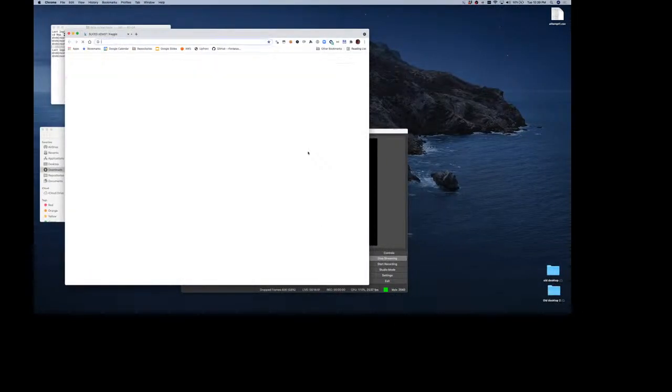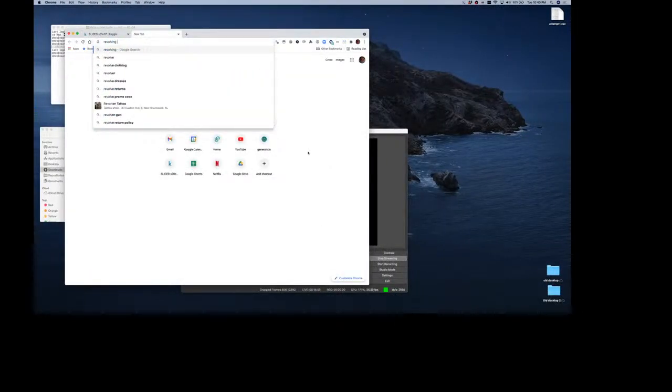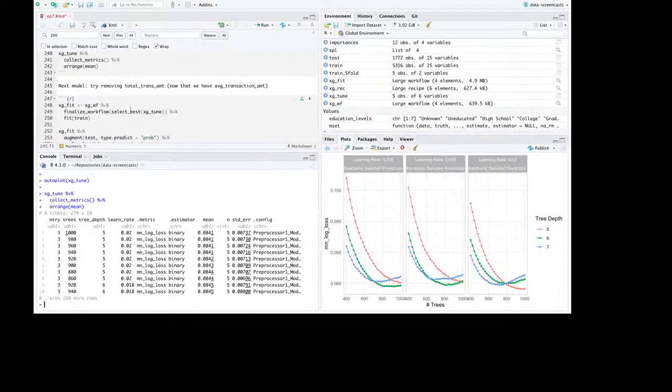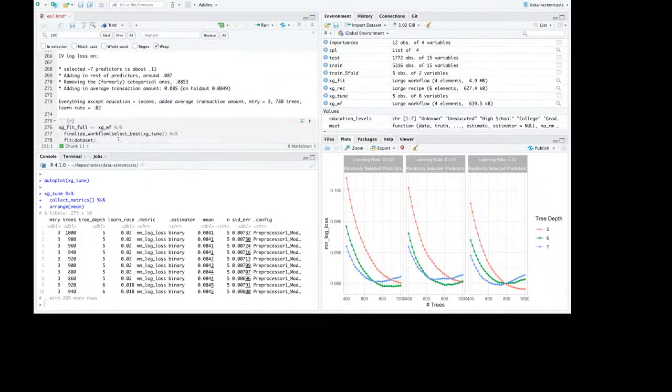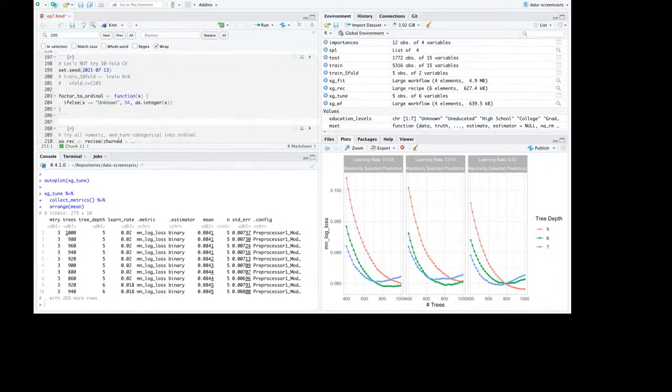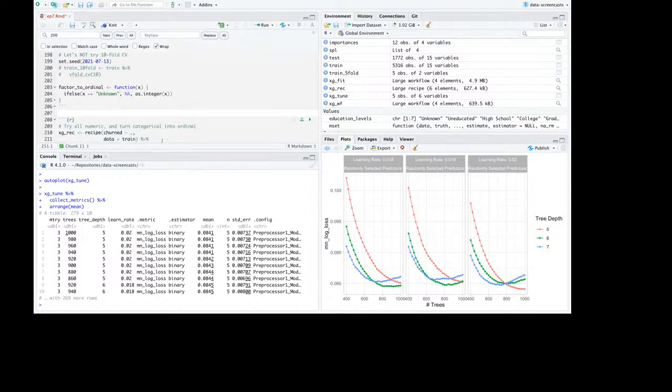I'm actually looking that up. Okay, waiting till later. All right, so let's see. Total revolving, where was I? Oh, there it is. Okay, a little bit better.